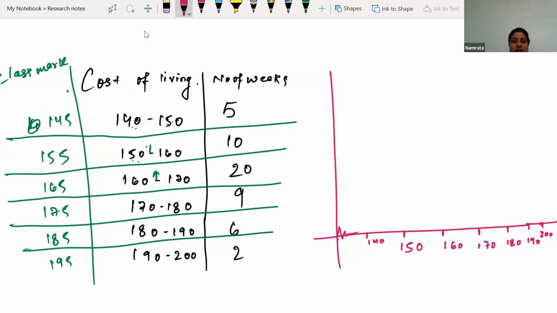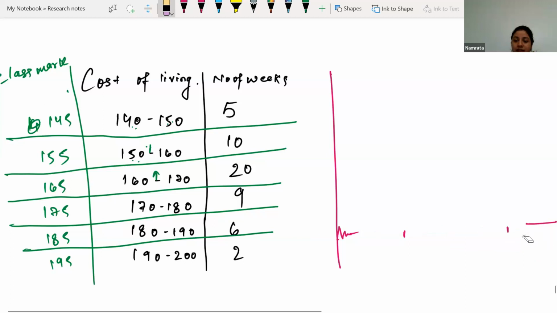One thing I want to tell you: rather than plotting these intervals directly, we can take the midpoint. Since we are not going to draw the histogram, there is no need to take the interval now. Directly we will take the midpoint, that means the class mark, and we will draw our frequency polygon.